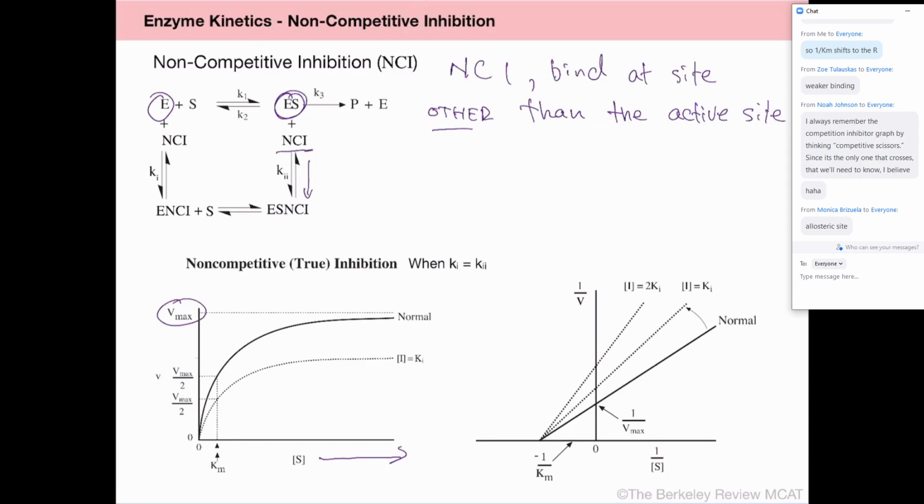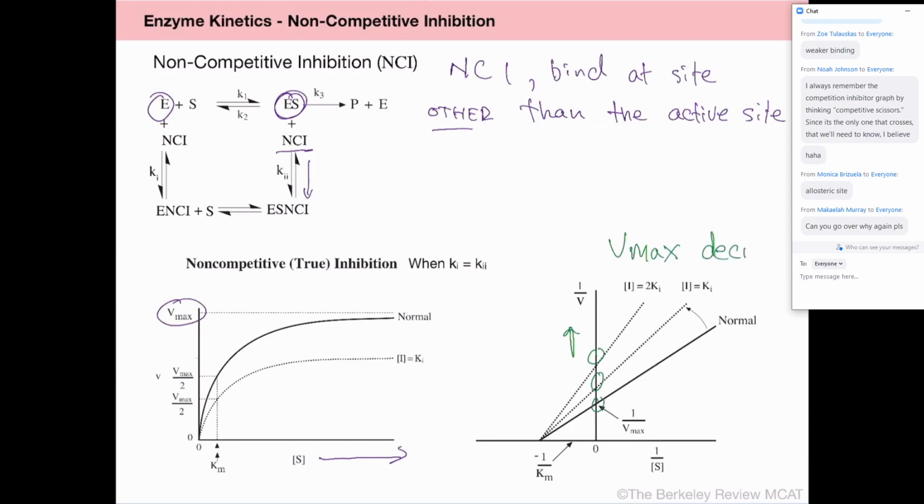And so what this means is that your Vmax over here is going to decrease. But your Km will stay the same.